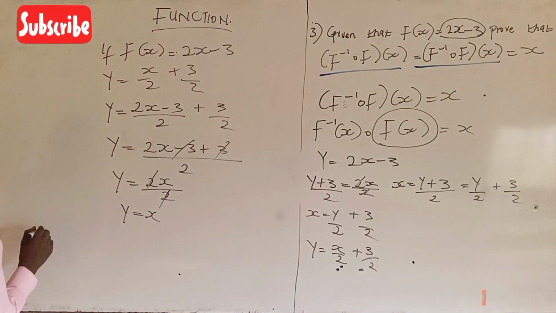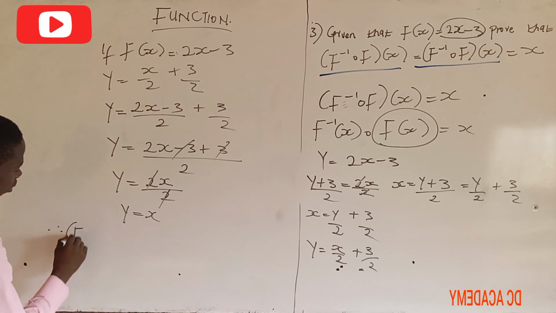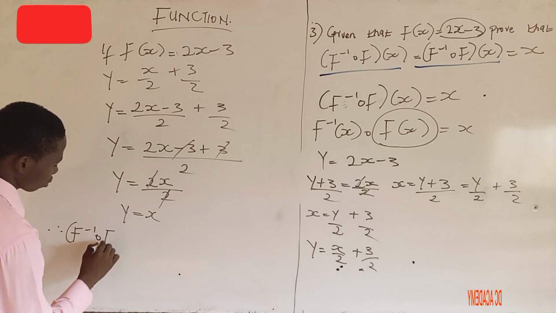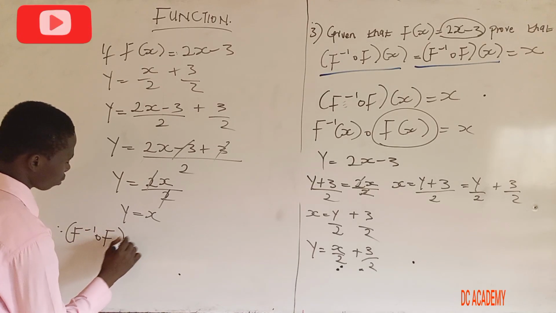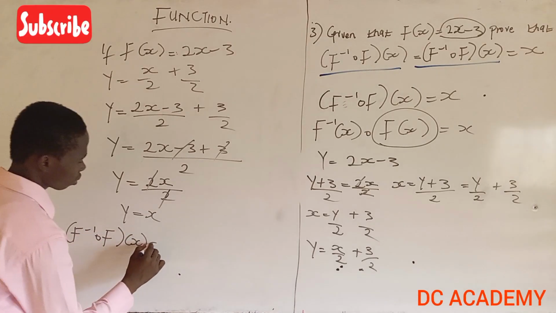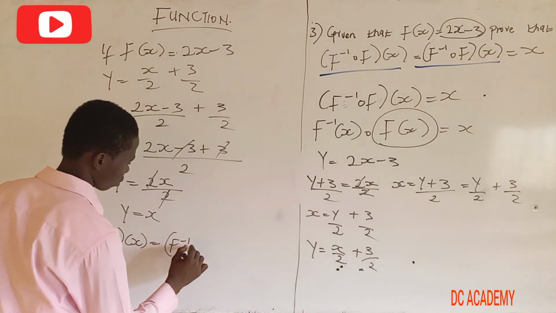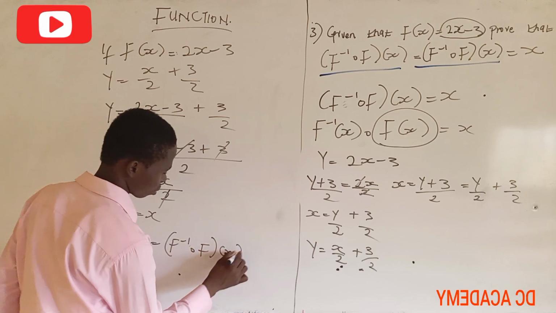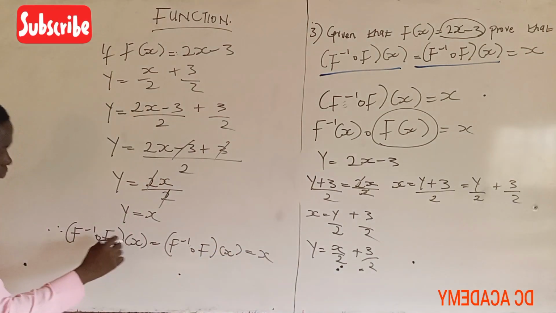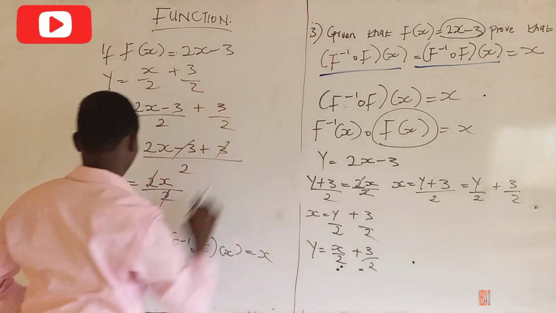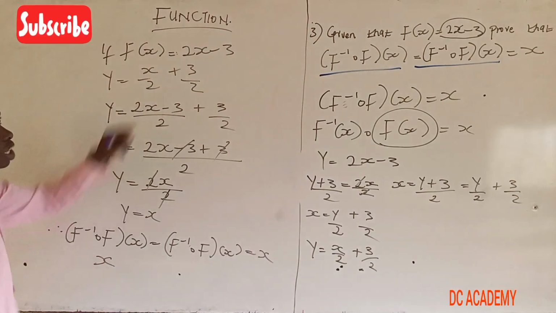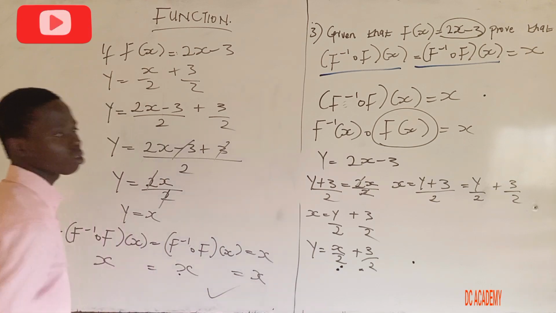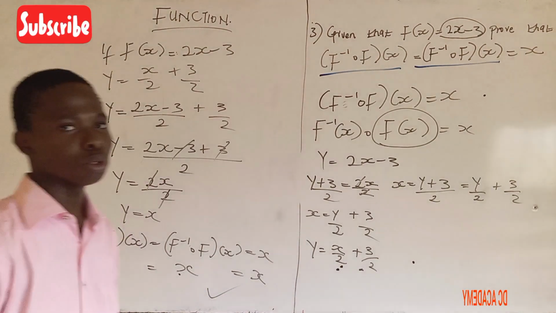Therefore, this one is x, and the other one is still x. So it's proving. So this was what you have to know.